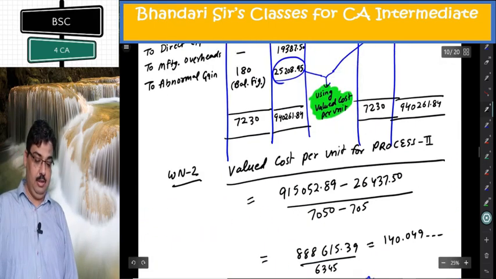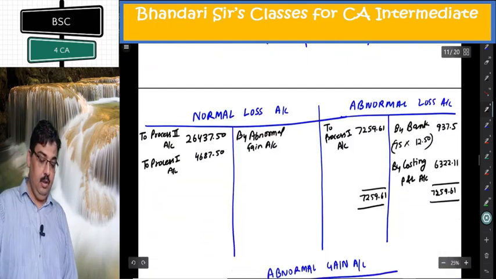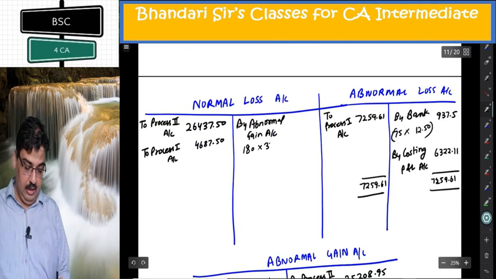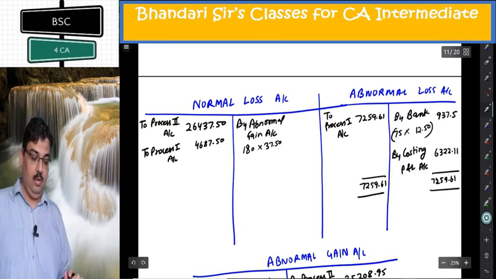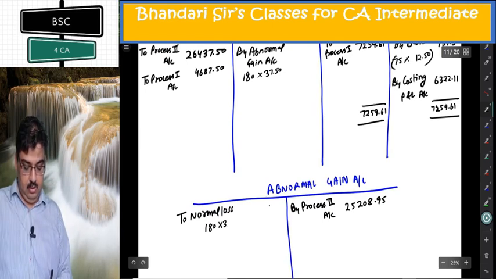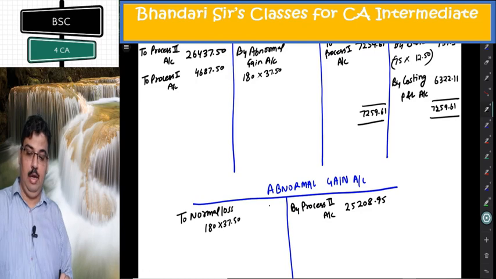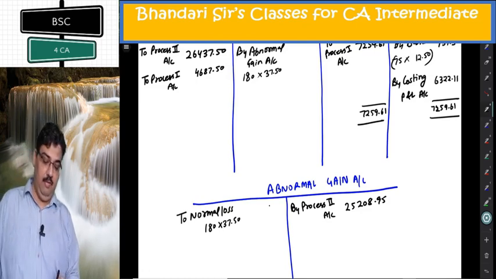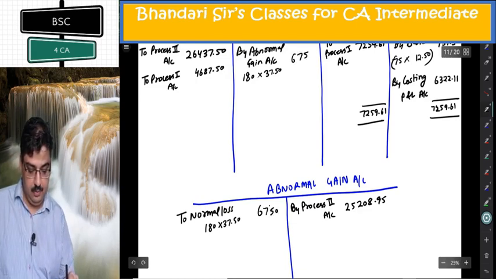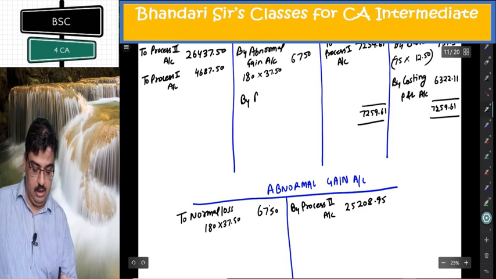Abnormal gain units 180 at the rate of scrap per unit 37.50. 180 into 37.50. Same entry having effect at two places. 180 into 37.50. This is very important entry which students do wrongly many times. This is by bank.